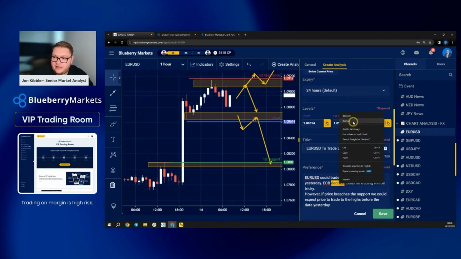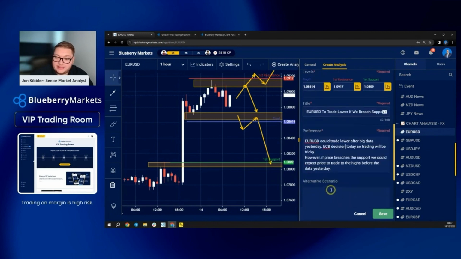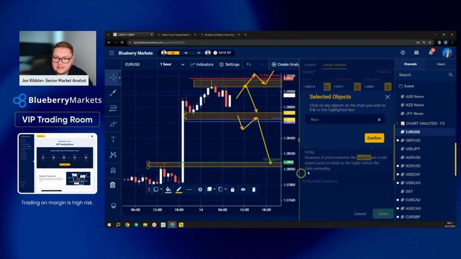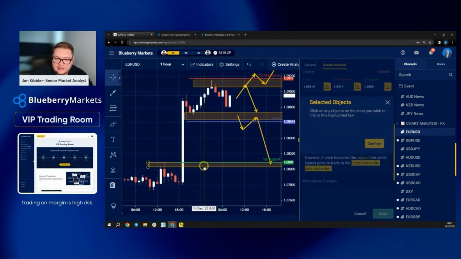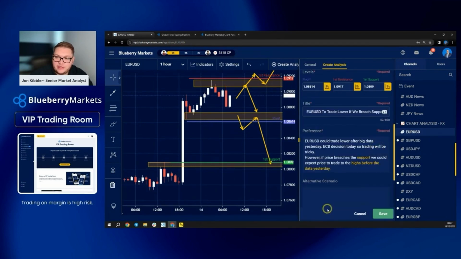It sounds very vague in what I've said there, but this is why you want to use the link object to text. Okay, so we can say if price breaches the support, you're thinking, well, where's the support level? I can just highlight that, link object to text, click on that box there, click confirm. We could expect price to trade to the highs before the data yesterday. Highs before the data yesterday, it was down here at that first support point.